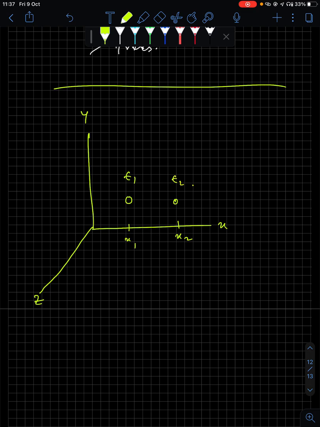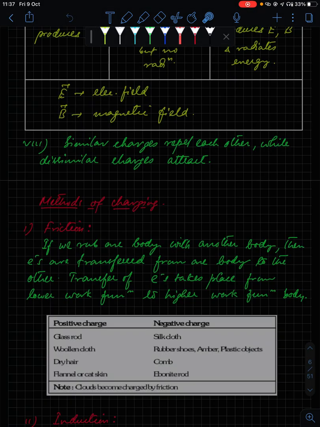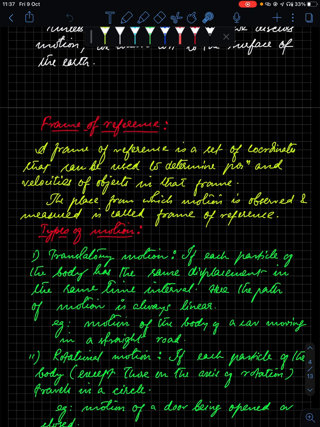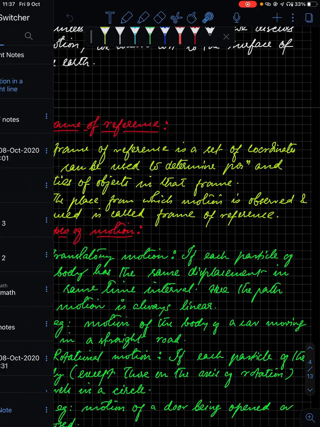That means with respect to this frame of reference, the body is changing position. So you can measure the speed or you can measure the position of this particular body with respect to this frame of reference. Now this is the frame of reference here. So the second statement tells you, the place from which motion is observed and measured is called frame of reference.